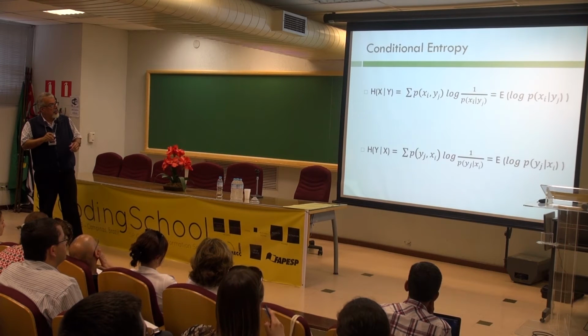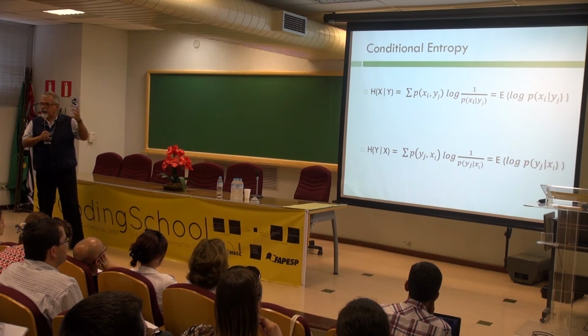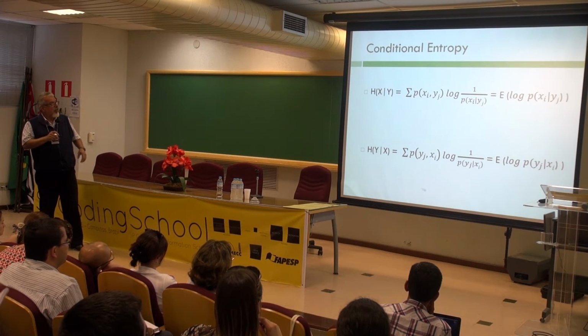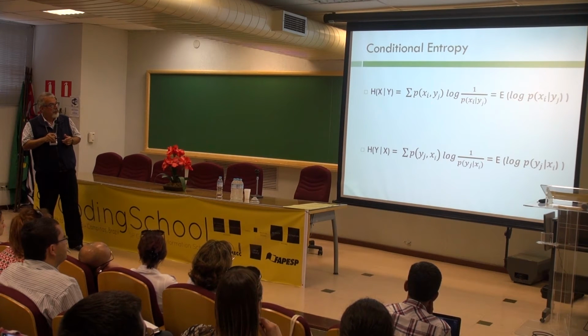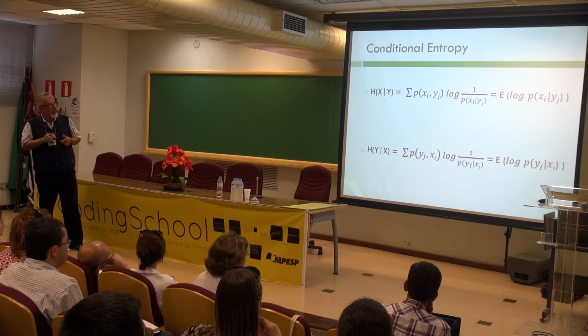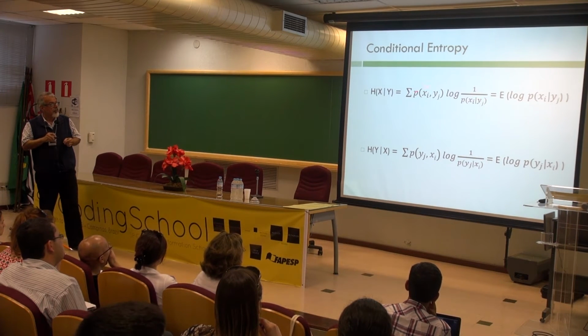But the conditional entropy has something new, because when we do the conditional entropy, we first have to consider doing the conditioning on each of the given values here, and then take the expectation. Or in another way, we can just think of the expression.